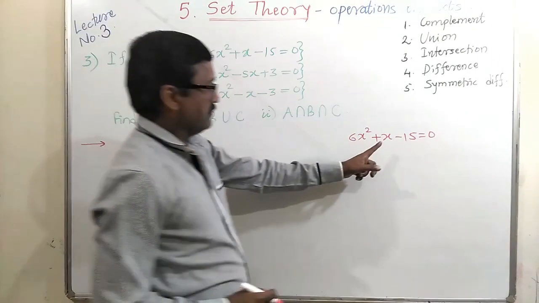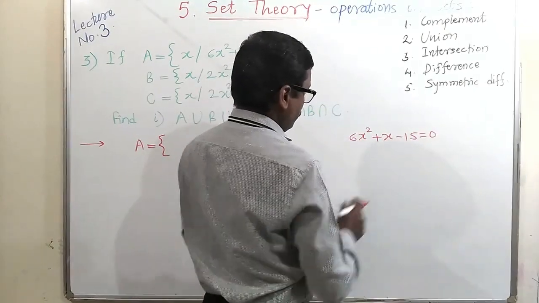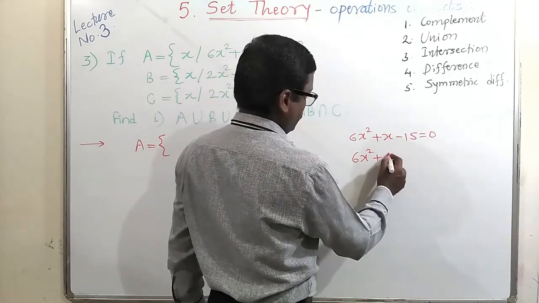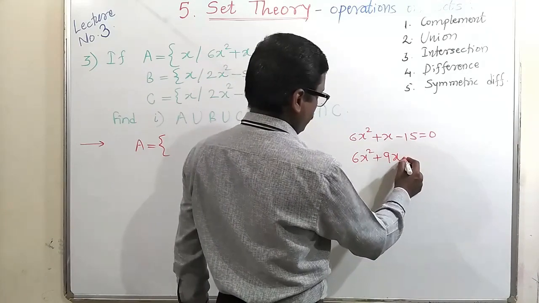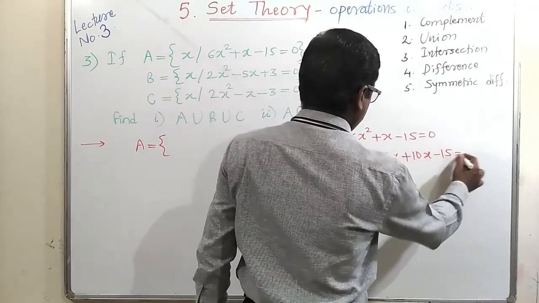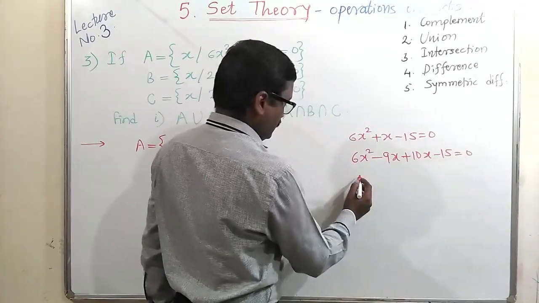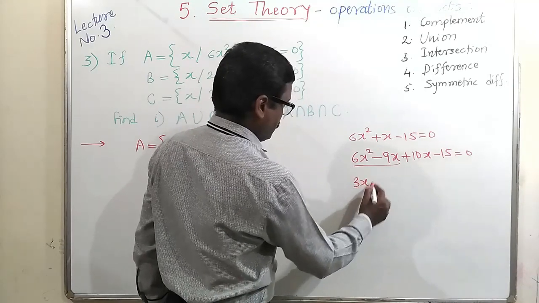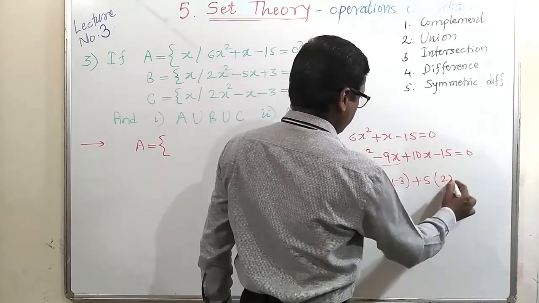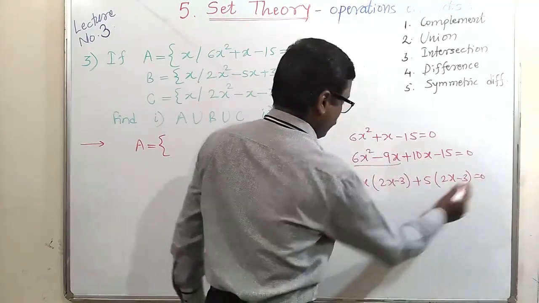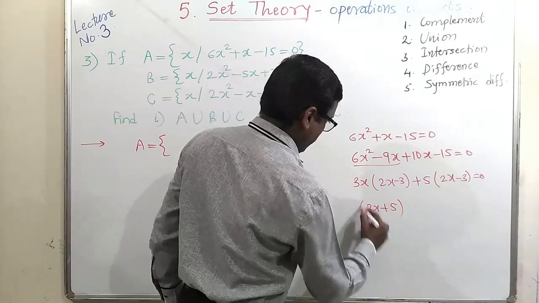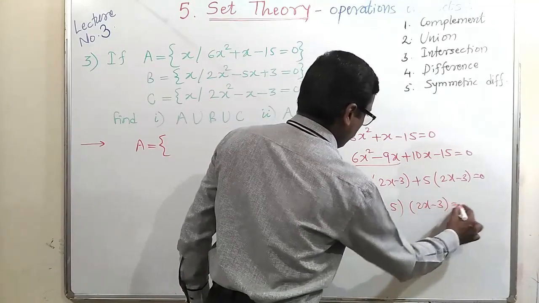The factors, or if you want to write the two elements for this x, then those are nothing but 6x square plus 9x minus 10x minus 15 equal to 0. Then in this case we get common 3x in bracket, 2x minus 3, take 5 common, 2x minus 3 equal to 0. So the factors will be 3x plus 5 and 2x minus 3 equal to 0.